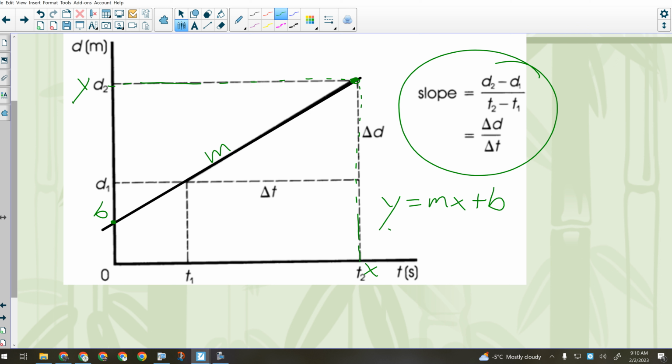Okay. So, yes, slope equals rise over run. And I can prove it with this equation. If I manipulate this for m, I'm going to have y minus b over x. Well, I'm pretty sure that if I take this number and subtract this number, that's the rise.